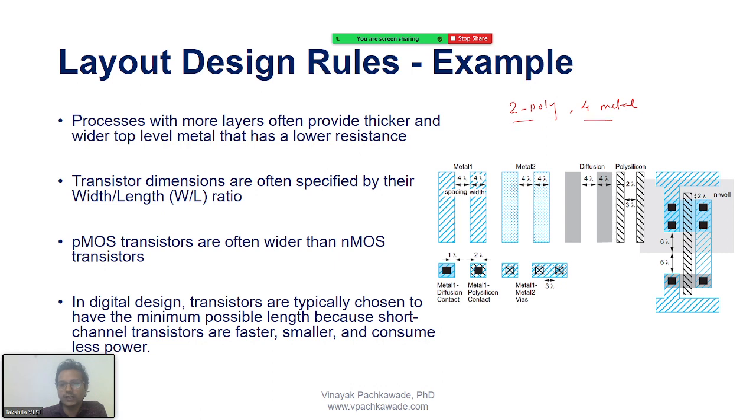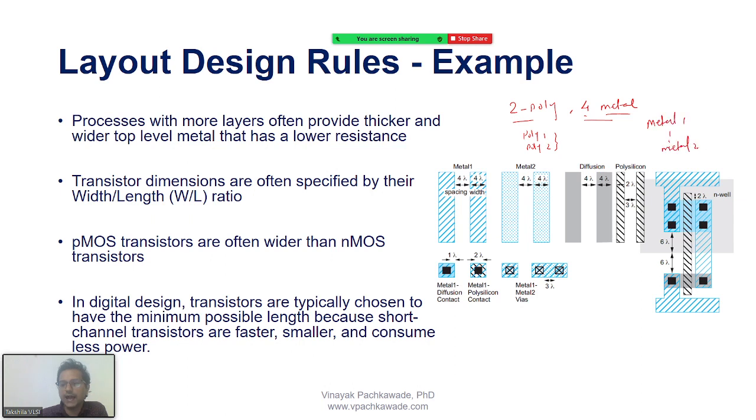So there are two poly layers, poly 1 and poly 2, and I'll have four metal layers, so metal 1, 2, 3, 4.